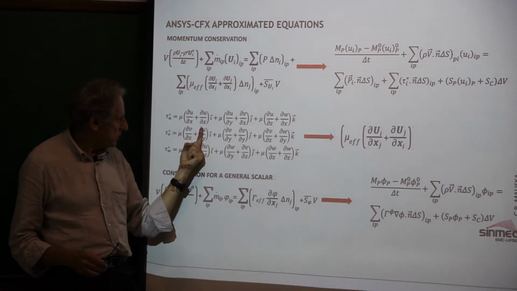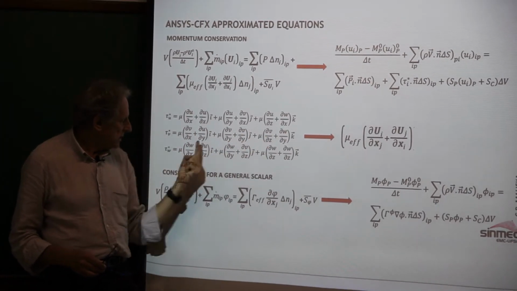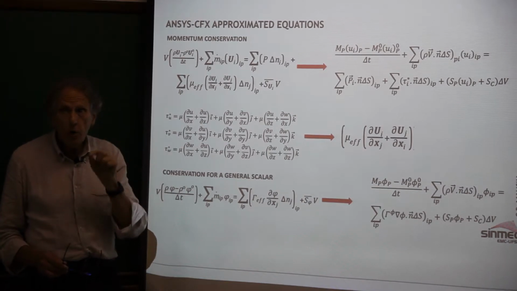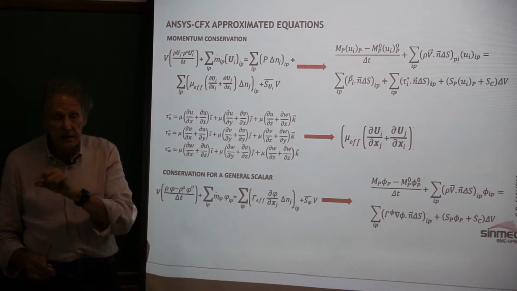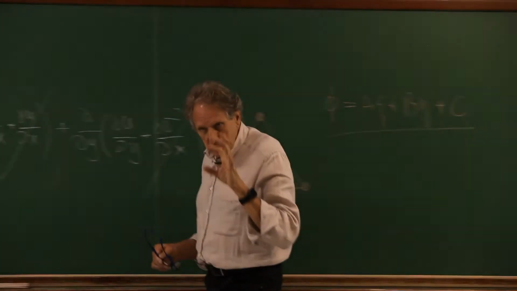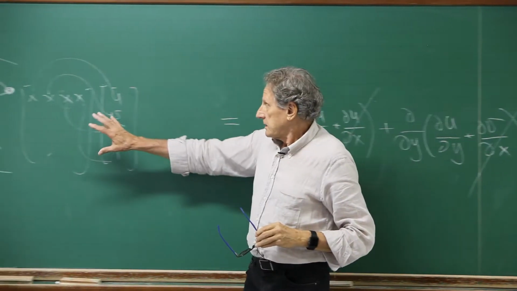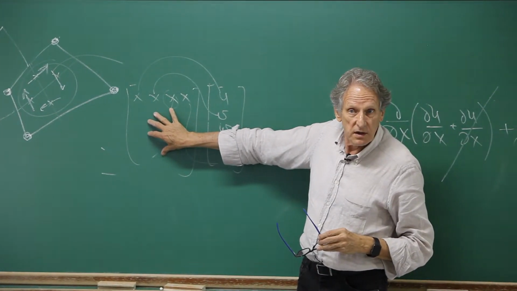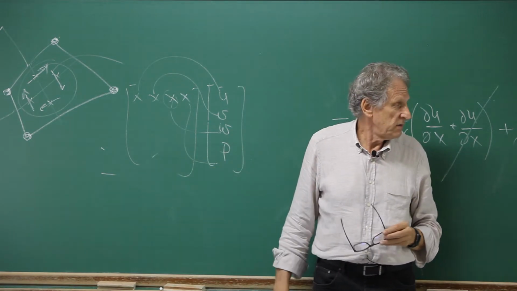This one would cancel with this one, that one, that one. But they are kept there in order to keep all variables appearing in all equations. Then your simultaneous matrix does not show zeros. Then it's better for the solution of the equation.